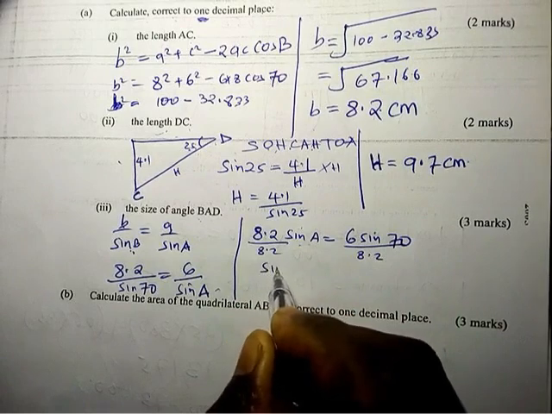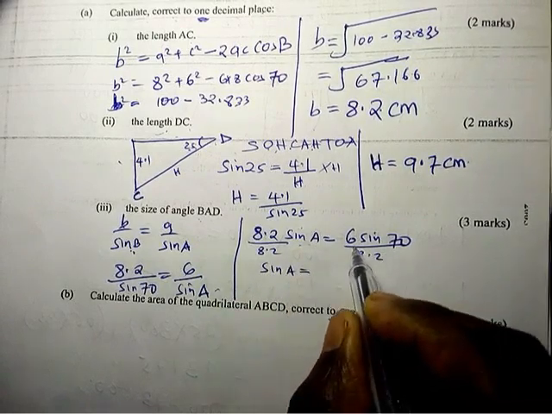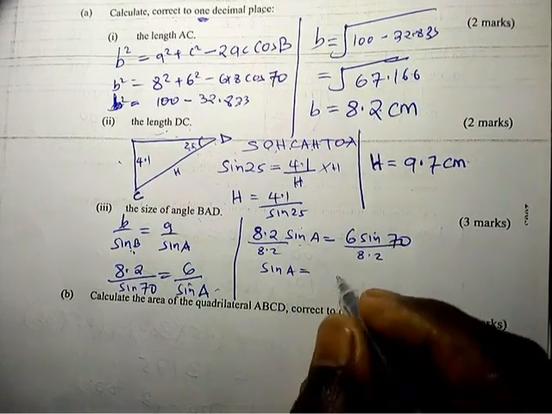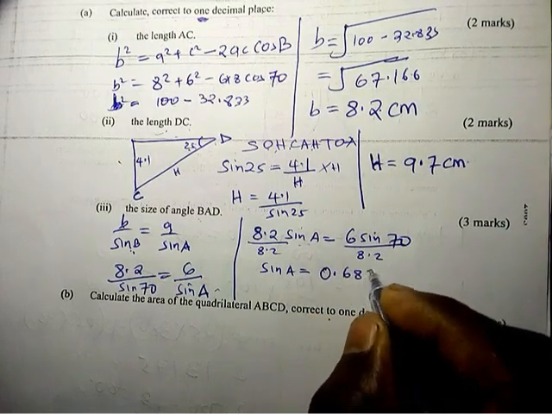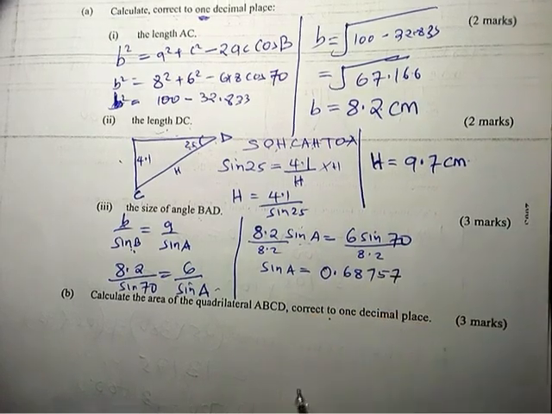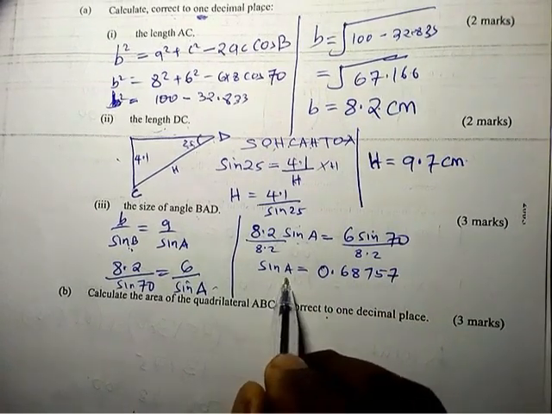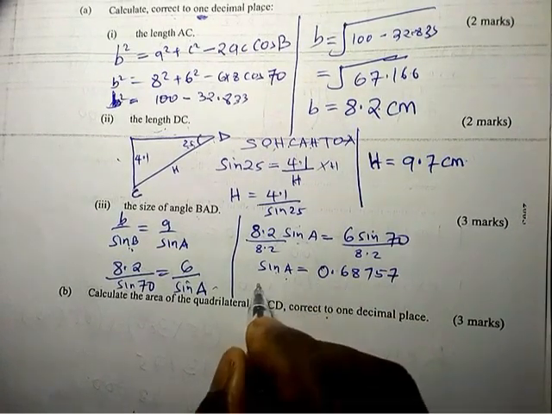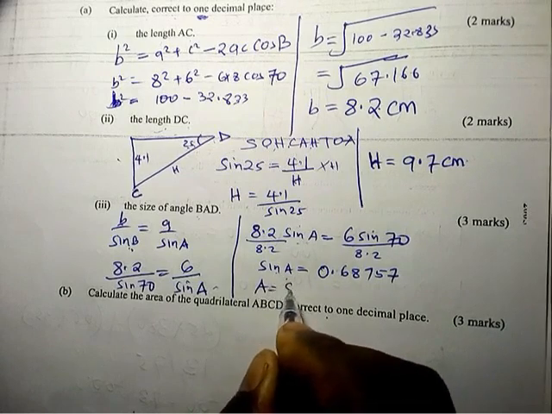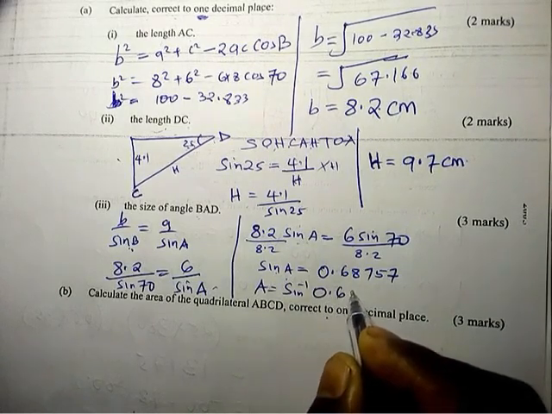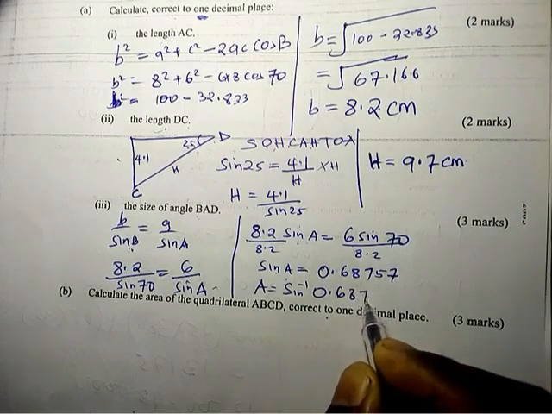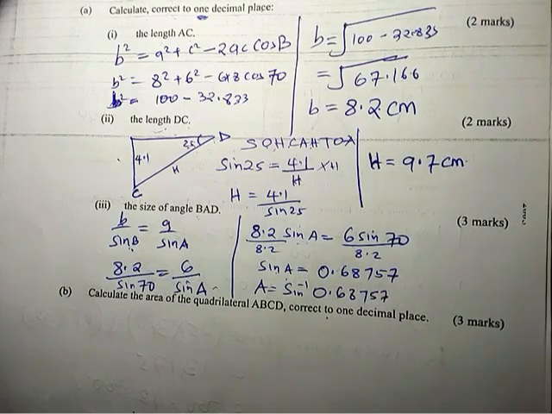So sine A is equal to, you press the calculator, you get 0.68757. But we want A, so we look for the sine inverse of this. So A is equal to sine inverse of 0.68757.